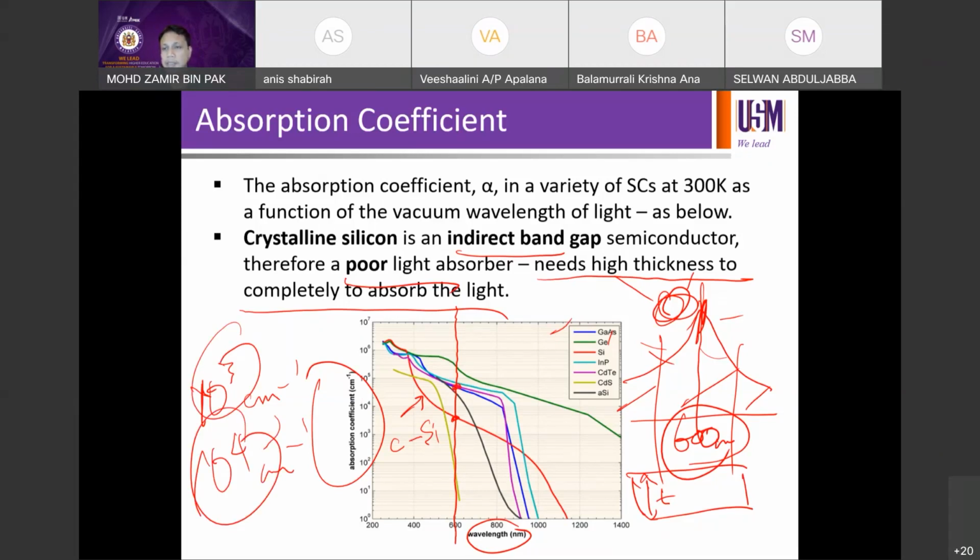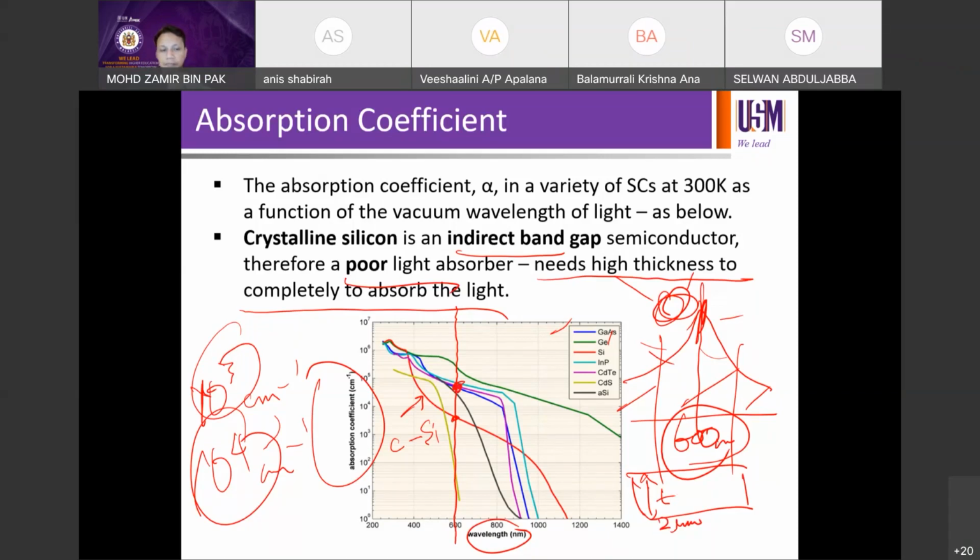So that means in order for gallium arsenide to completely absorb the light from the sun, for this particular example, you need only about 2 micron of gallium arsenide with this absorption coefficient in order to completely absorb the light from the sun.